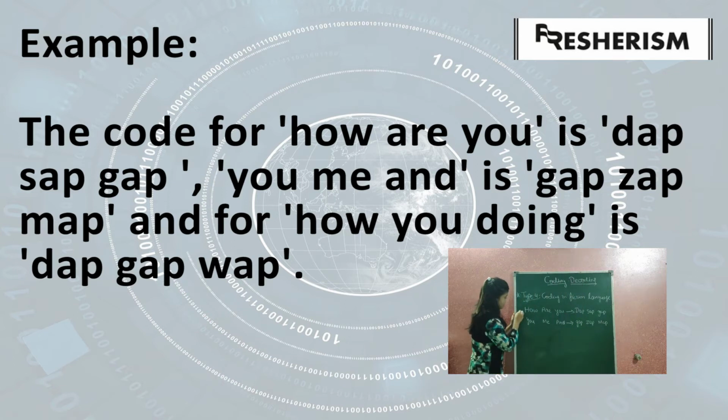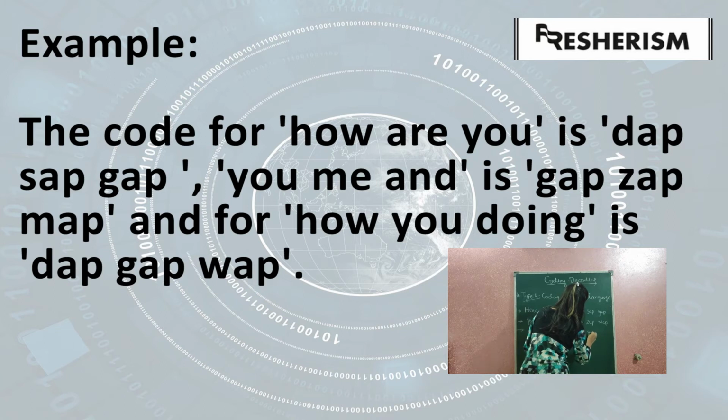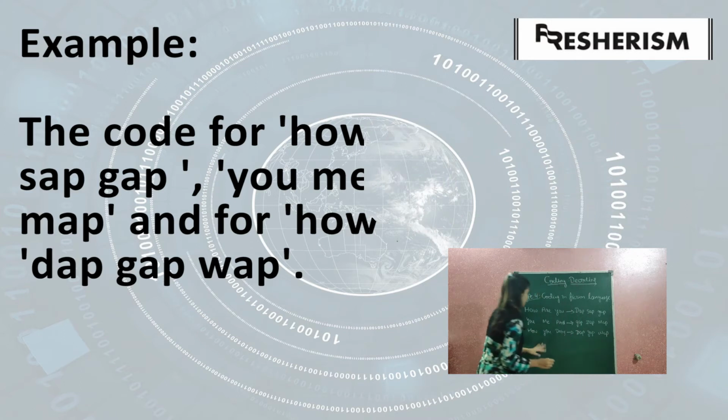Another set given is, this was first, second and third. Another set of words is how you doing. This is the words how you doing, and the code for this is DAP, GAP, WAP.